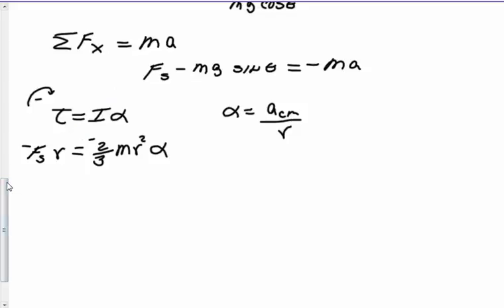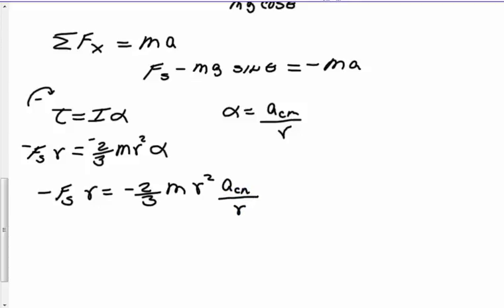So now let's go ahead and put this in as minus static friction times r is equal to minus 2/3 mass times radius squared times acceleration of center of mass over r.